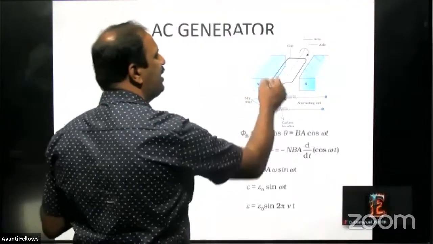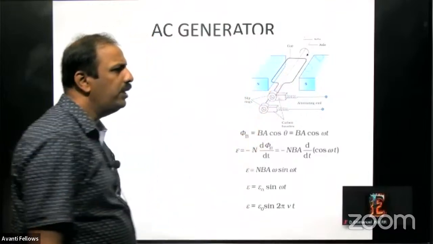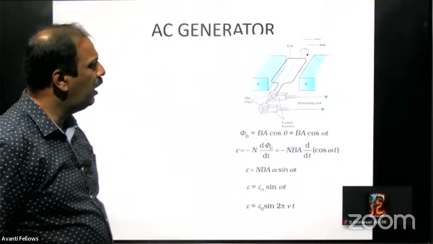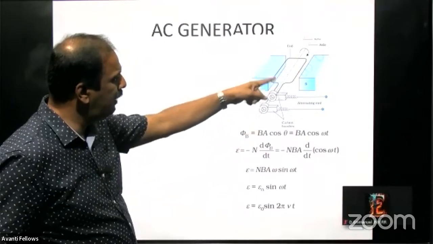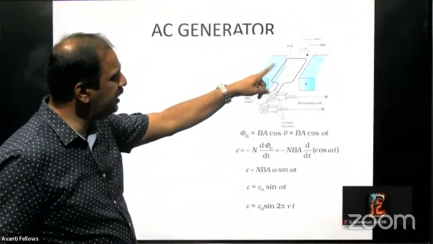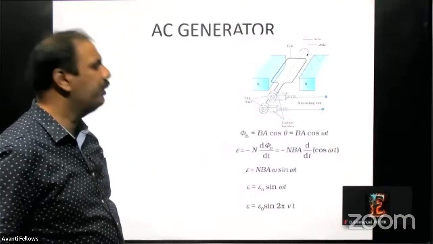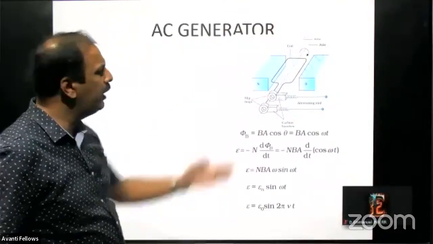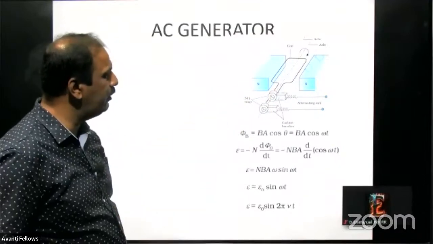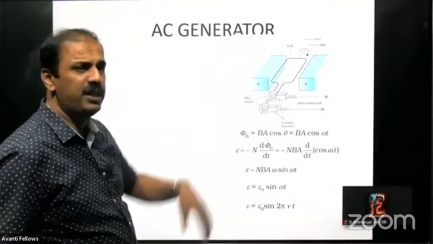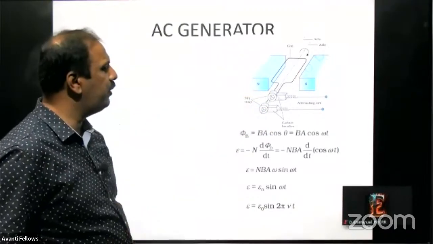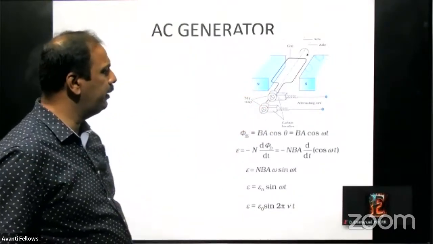When this coil rotates here, we will have a flux here, and because of the change in flux, an EMF will be induced. That's the working of that one. We have a coil here, and that coil's area and all we'll discuss. When it is rotating here, there is a change in flux, and we have a rate of change of flux. Due to that, an EMF will be induced here.